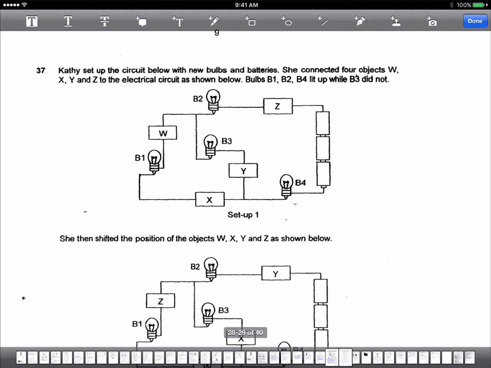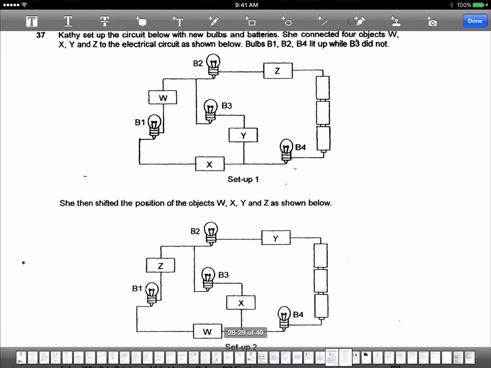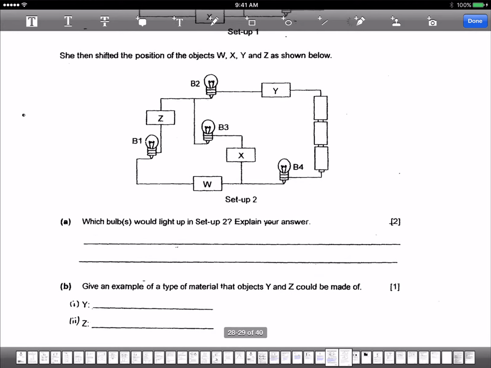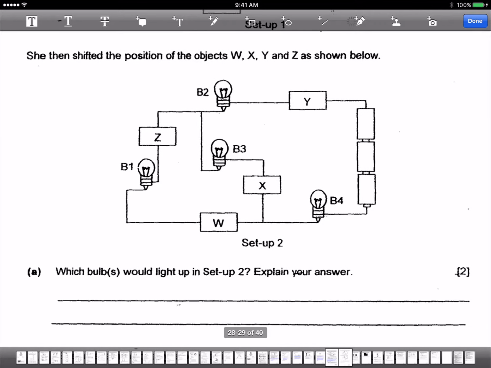Bulbs B1, B2, B4 lit up, while B3 did not. If B3 did not light up, you can deduce that Y is an insulator. So in setup 2, we put Y just after the batteries. That's where the electric current will be flowing. So the answer is none. Yes, very good. The answer is none.